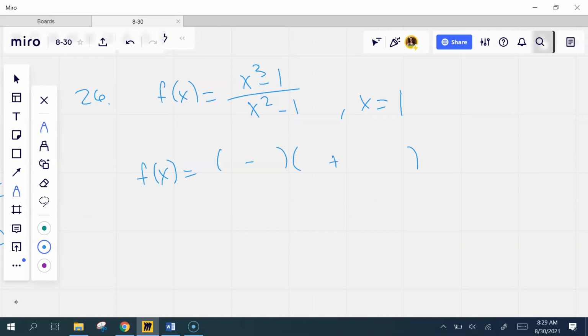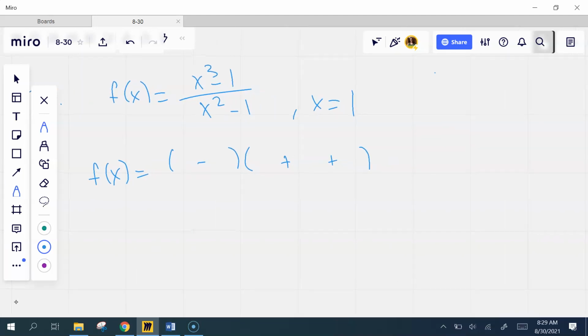Same change plus. Yes. Change. Always plus. Same change plus. So if you have a cubed minus b cubed, it's a minus b, a squared plus ab plus b squared.